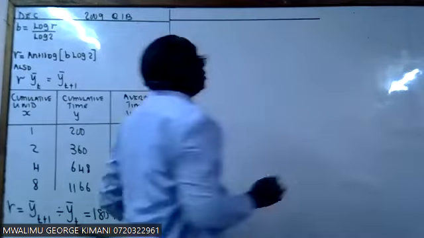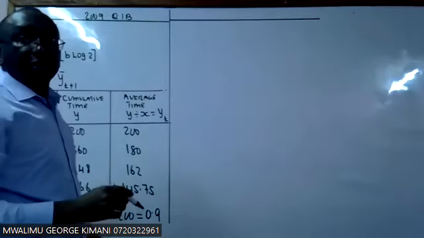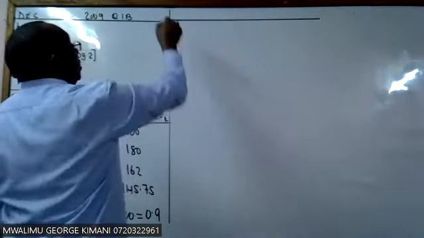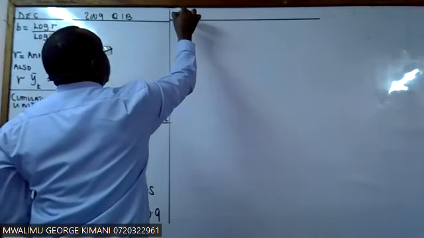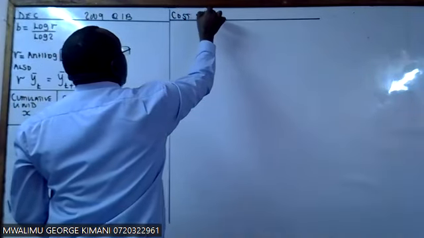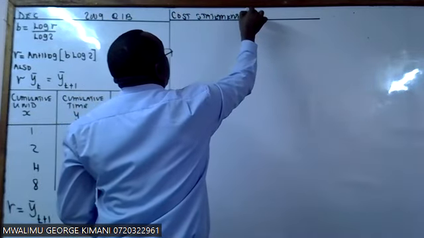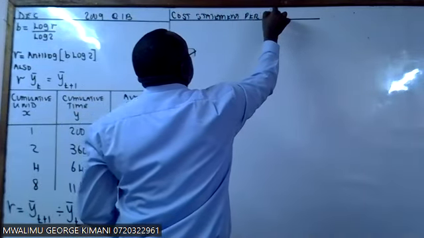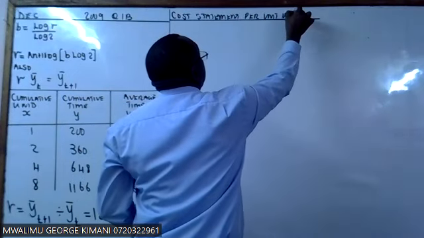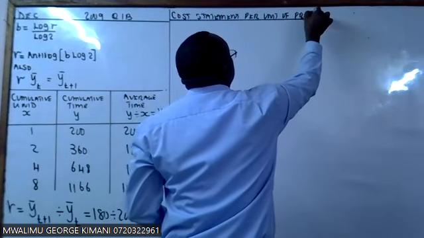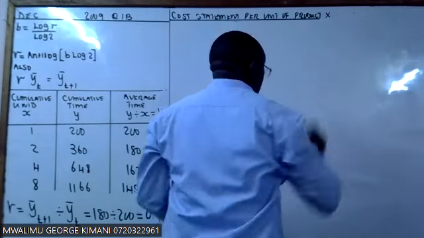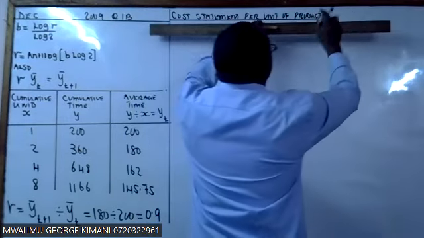So when they ask us to get the unit production costs, we need to get the cost statement per unit of product X.